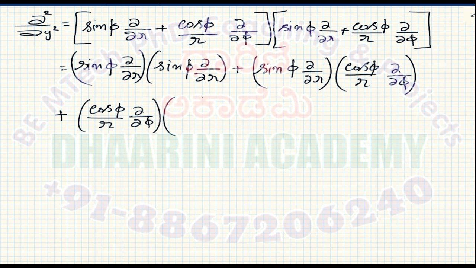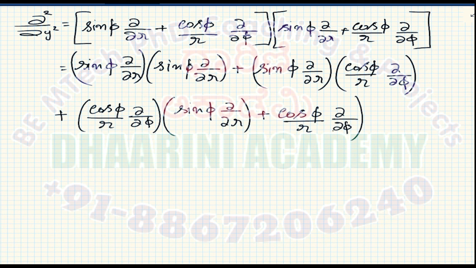Multiply this with the sine phi into dou by dou r. And the last term is cos phi by r into dou by dou phi is multiplied with cos phi by r into dou by dou phi.